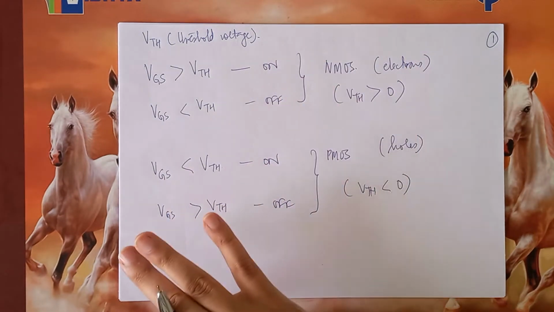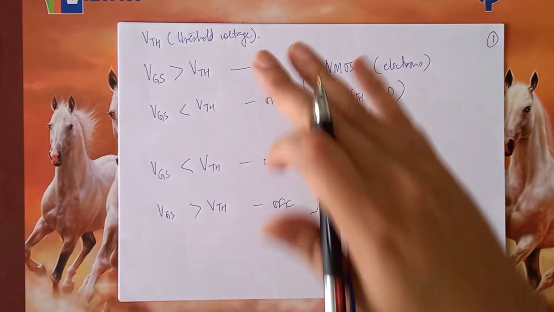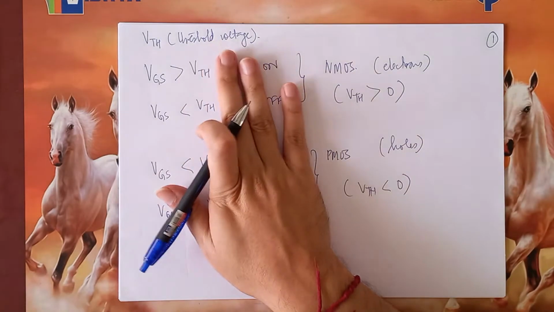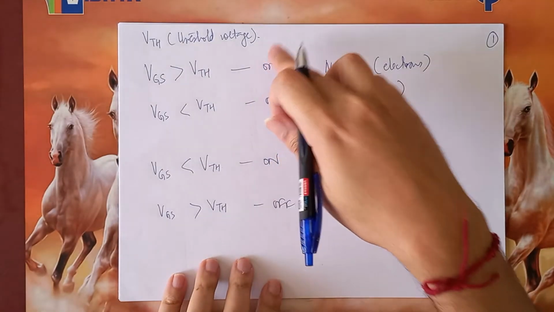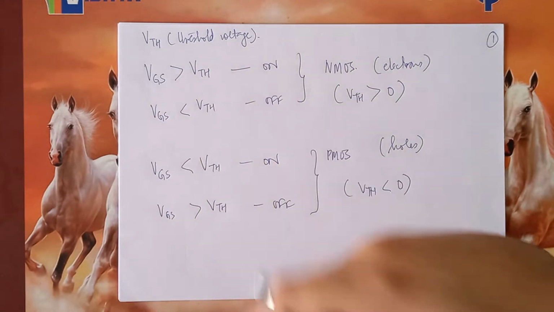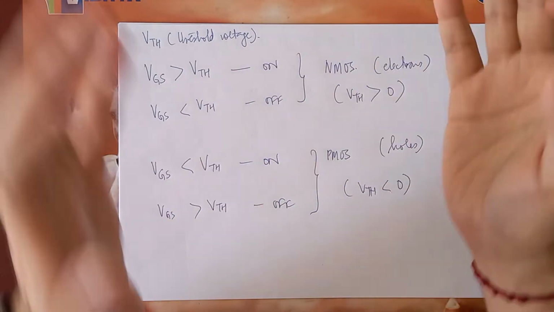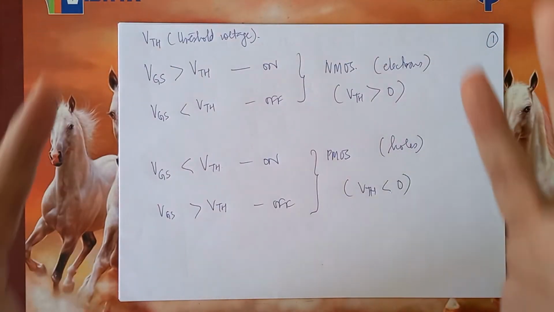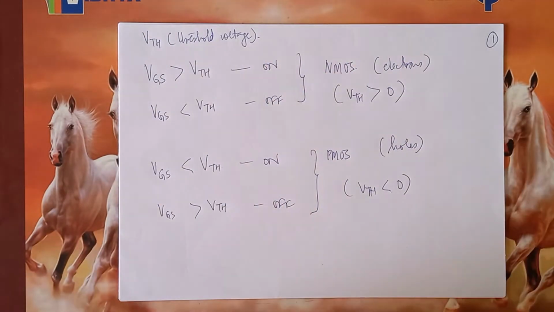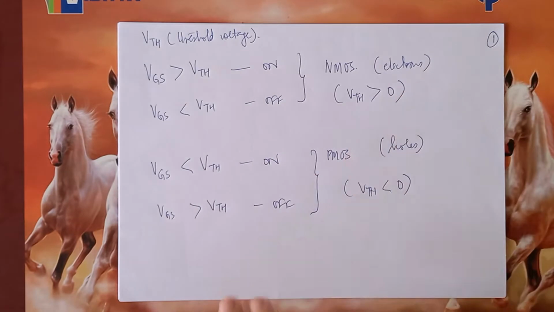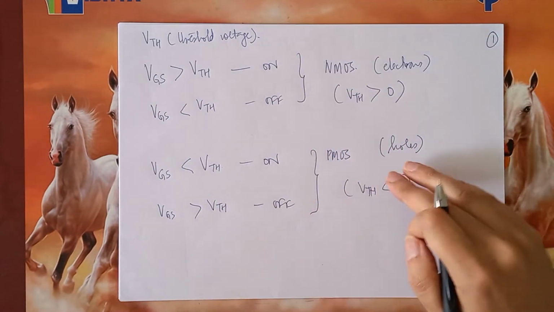Now for the NMOS, once VGS is more than VTH, we say that the transistor is on. When we say on, what it means is that the bridge between the drain and the source has been formed. That bridge consists of the charge carriers, which in case of NMOS are the electrons.